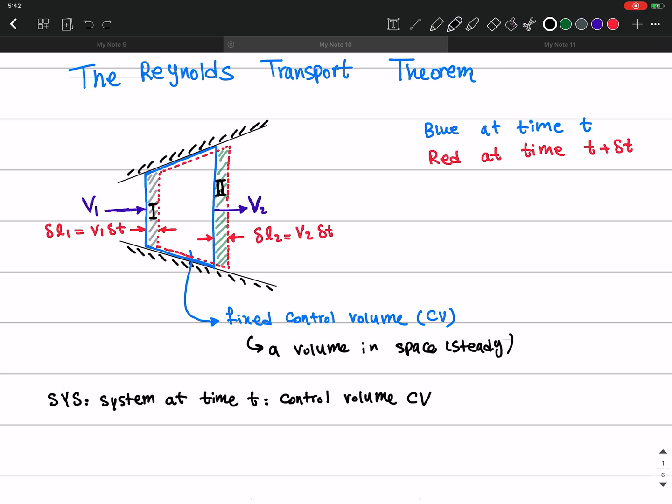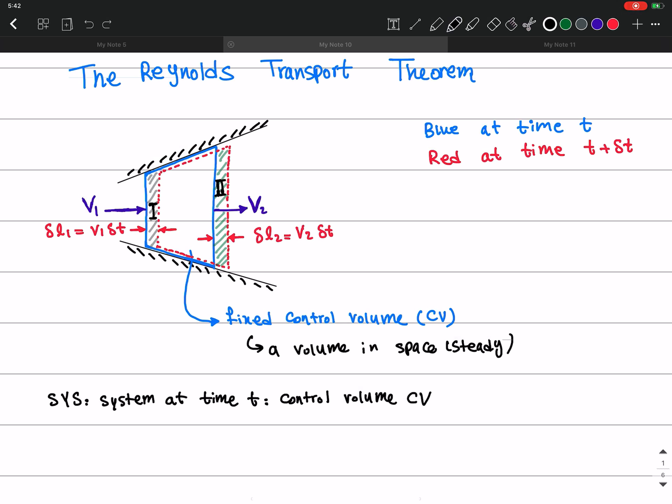So that is what we call system at time t. This is our system. This can be a fluid system or any other system. Okay, so it's a very general theorem. It's kind of a mathematical theorem that we are using in a fluid context.